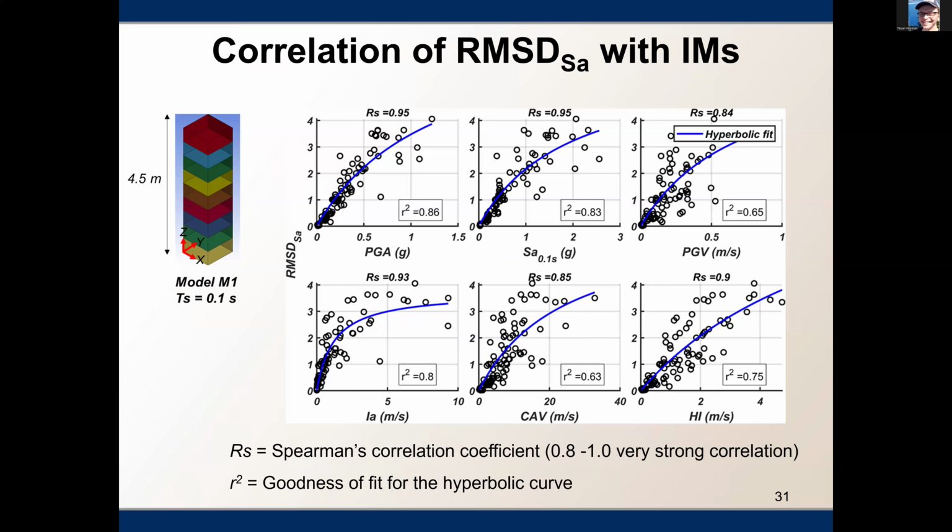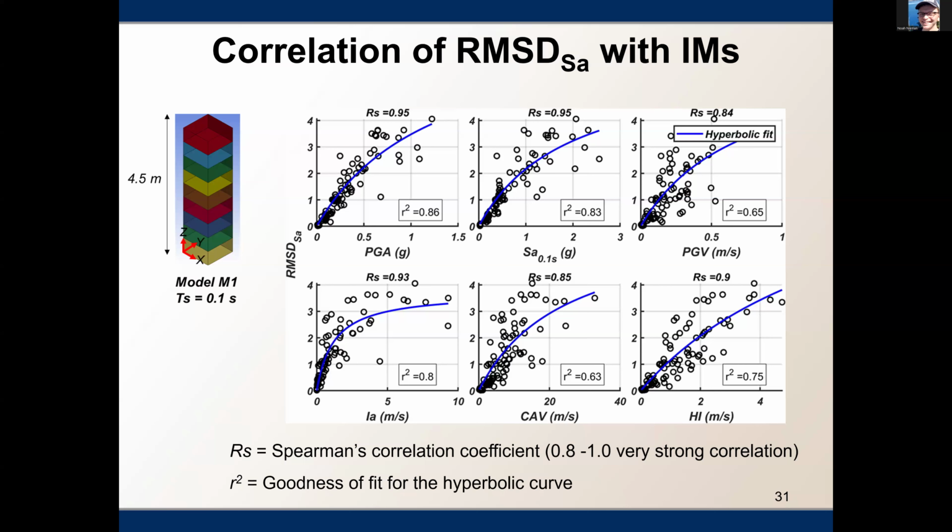To determine the correlation between these points in x and y, I calculated Spearman's correlation coefficient, RS. 0.8 to 1 indicates a very strong correlation. I also fitted a hyperbolic curve through this data, and then calculated the goodness of fit, which is described by the R squared value.